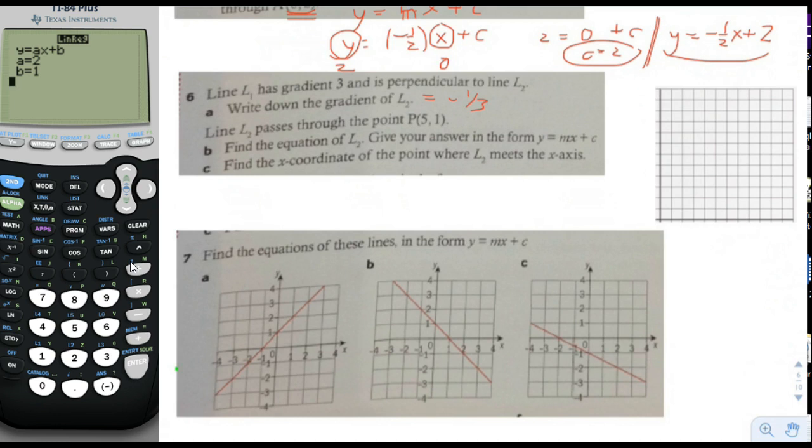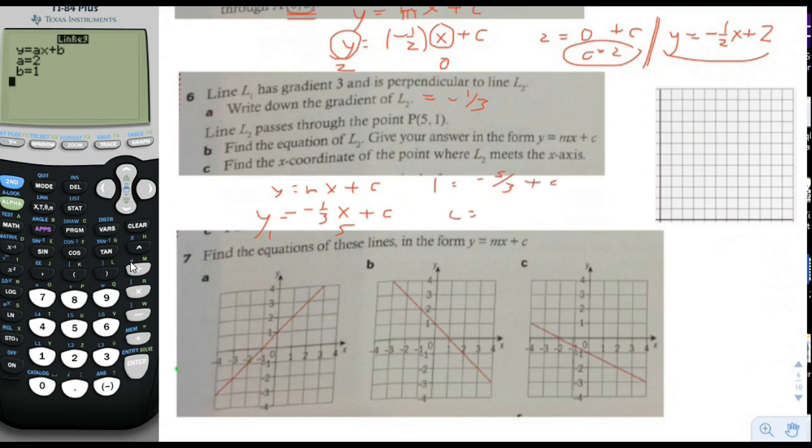Okay, so we could use algebra to do this, just like we did last time. We do y equals mx plus c. M is negative 1/3. Negative 1/3 x plus c equals y. And we do know that one valid point is 5, comma 1. So if we put a 5 here and a 1 here, we would get 1 equals negative 5/3 plus c.